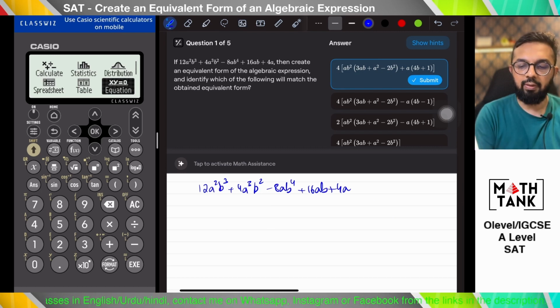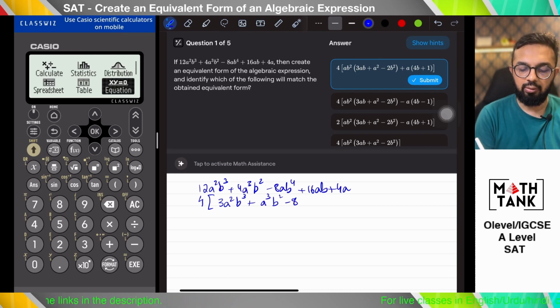I could say that the first three all have a 4 common, so I'm going to go with that. And then there's a group of three terms, 4ab plus a.